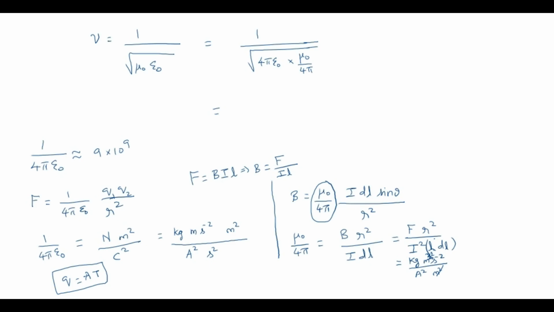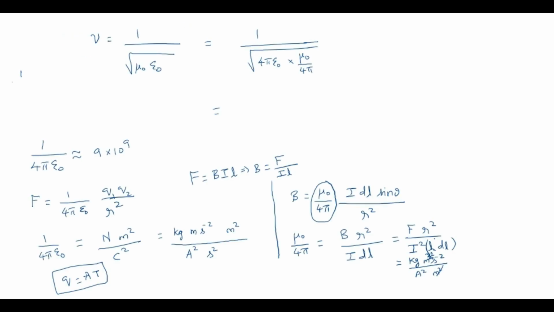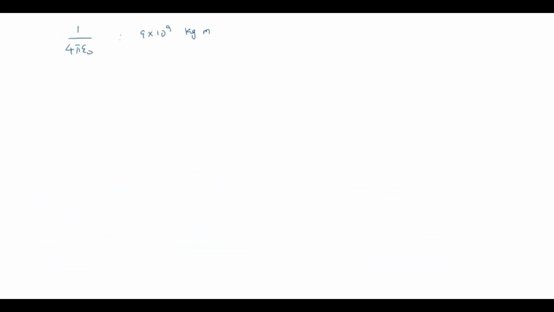Now what is 1 by 4 pi epsilon 0? Let me write it down here: 1 by 4 pi epsilon 0 is 9 into 10 power 9 kg meter cube s power minus 4 by ampere square.